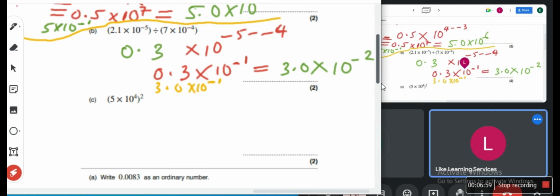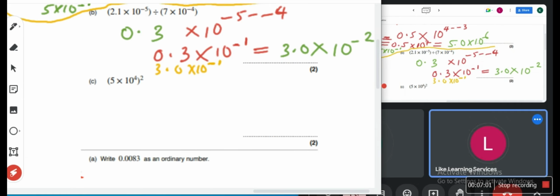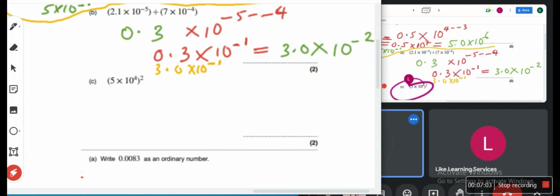Okay, C, you're doing great. C, quickly.